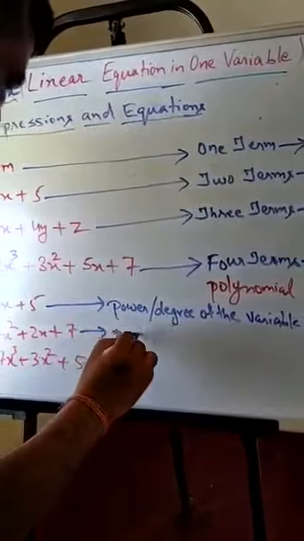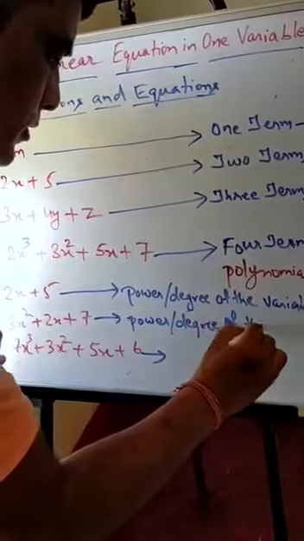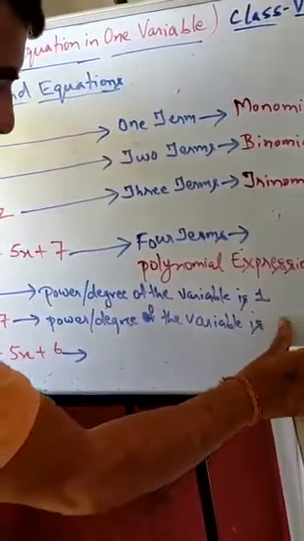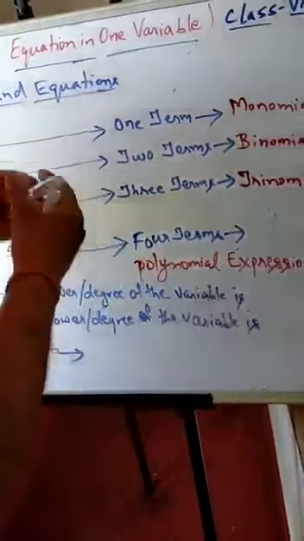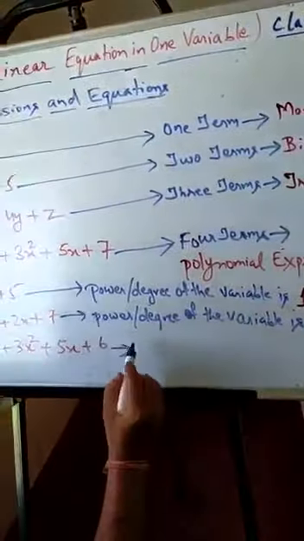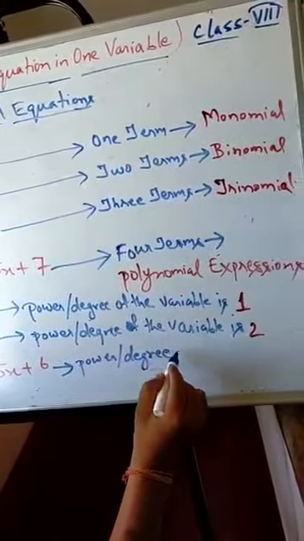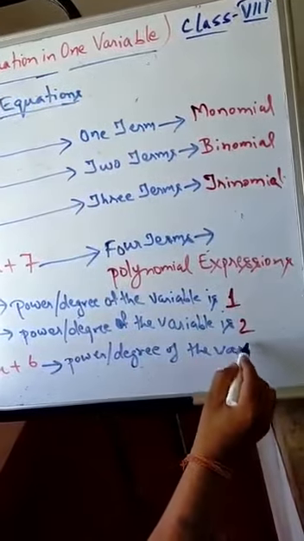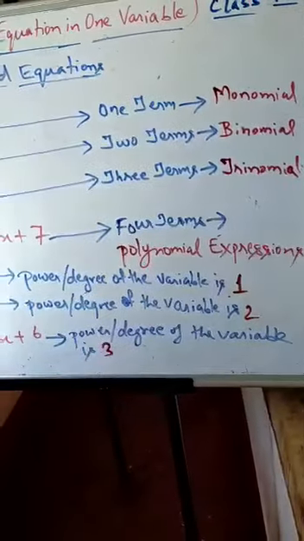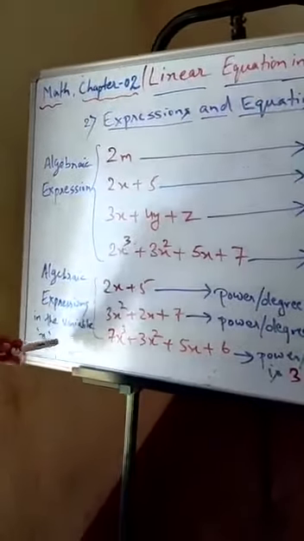Here the power or degree of the variable is 2. And here the power or degree of the variable is 3.